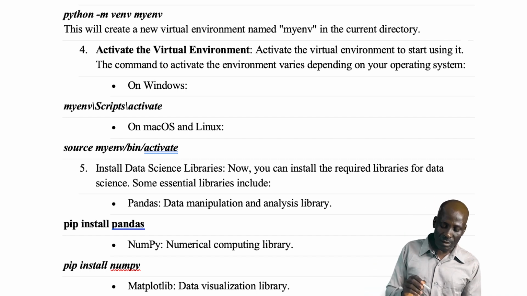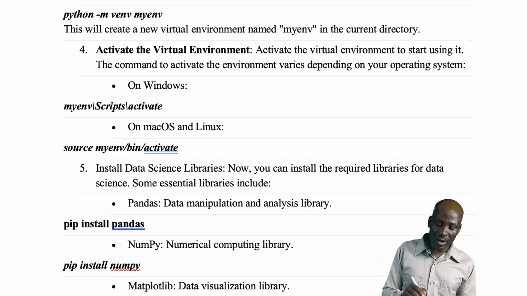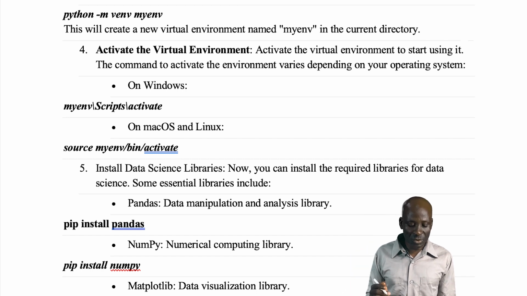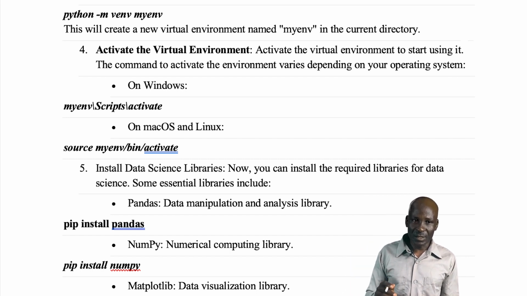What I mean is that you type pip install, then the name of the library. For instance, if you want to install pandas, you type pandas, and you have been able to install that library successfully.